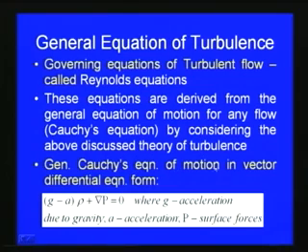The general Cauchy's equation of motion in vector differential form we can write as g minus a into rho plus del P is equal to 0, where g is the acceleration due to gravity, a is the other acceleration components, and capital P is the surface forces.